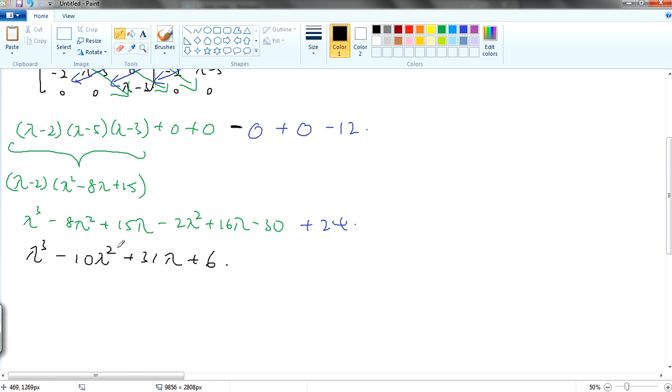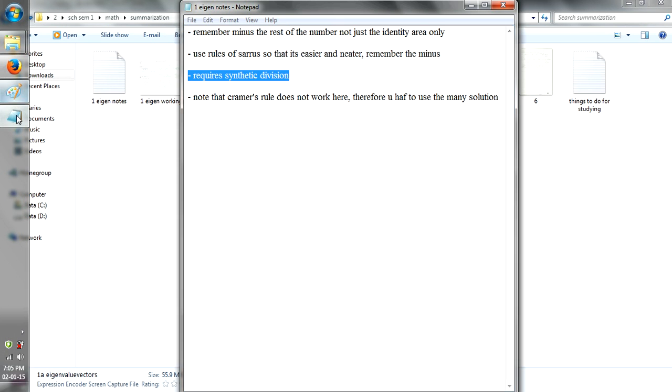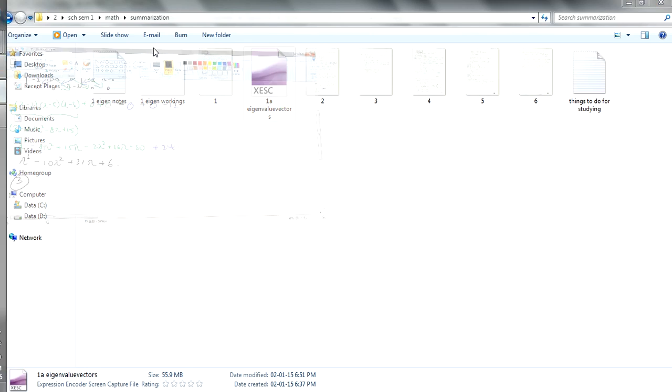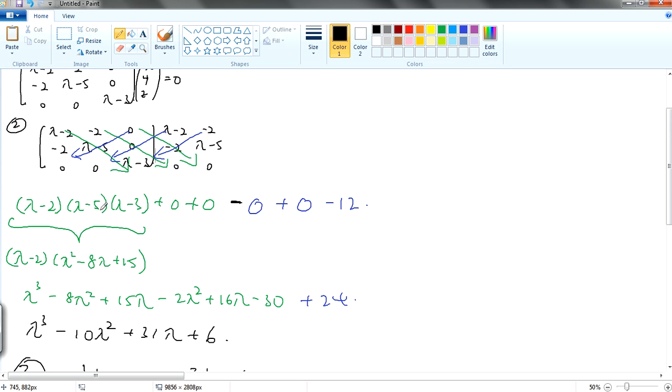So now we are doing the third step. We are using synthetic division. As I say, we take out all the coefficients. This is 1, and then minus 10, 31, and 6. And then I think I have really something wrong somewhere.